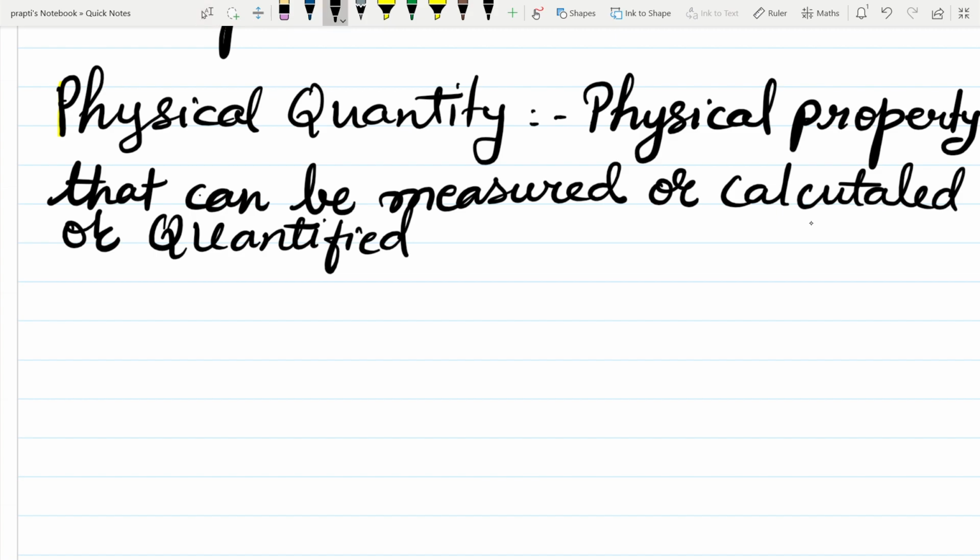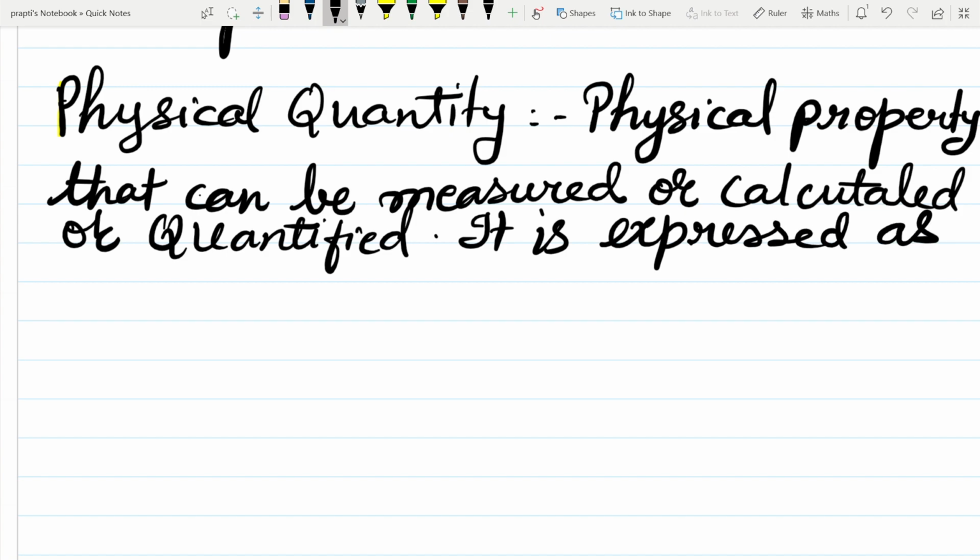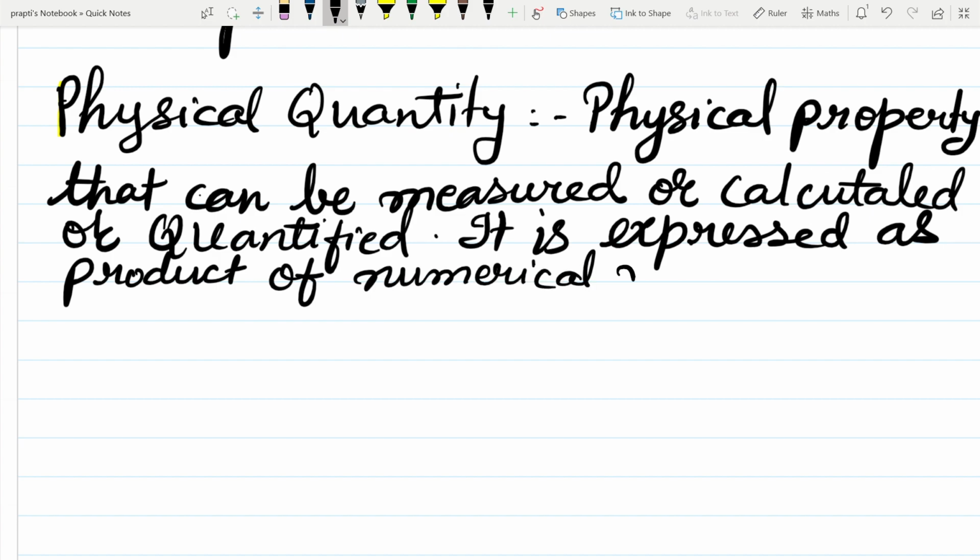And it is expressed as a product of numerical value and unit.